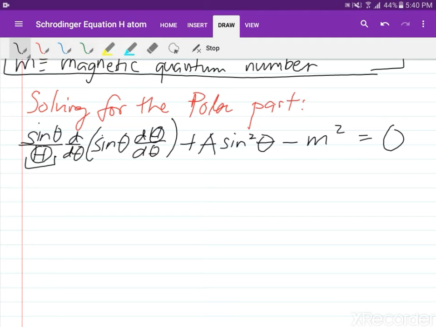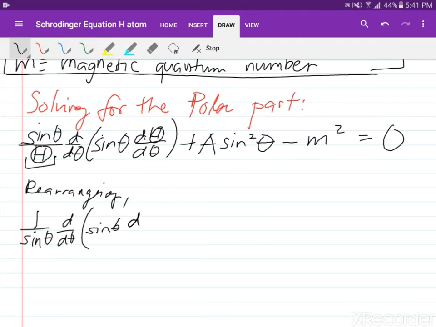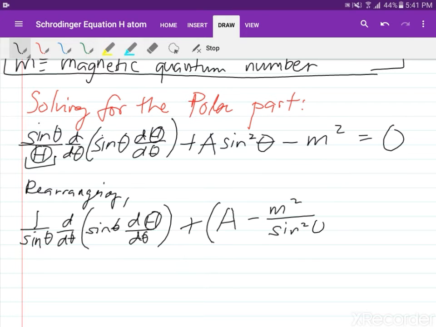So rearranging, we would have 1 over sine theta, d d theta of sine theta d capital theta d small theta, plus our separation constant a minus m squared over sine squared theta, times capital theta equals 0.